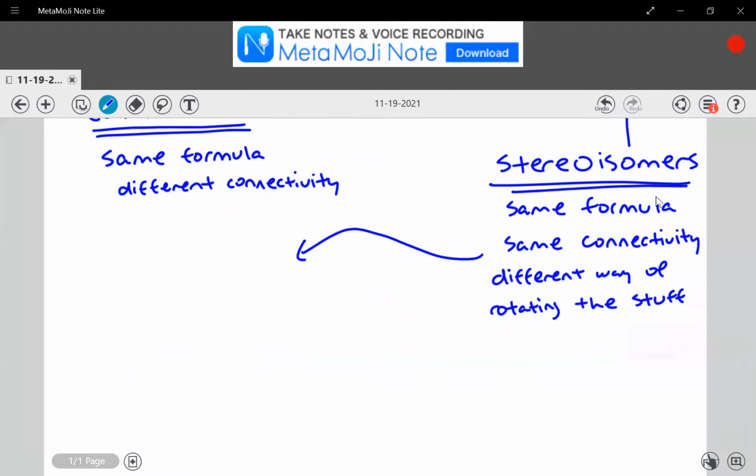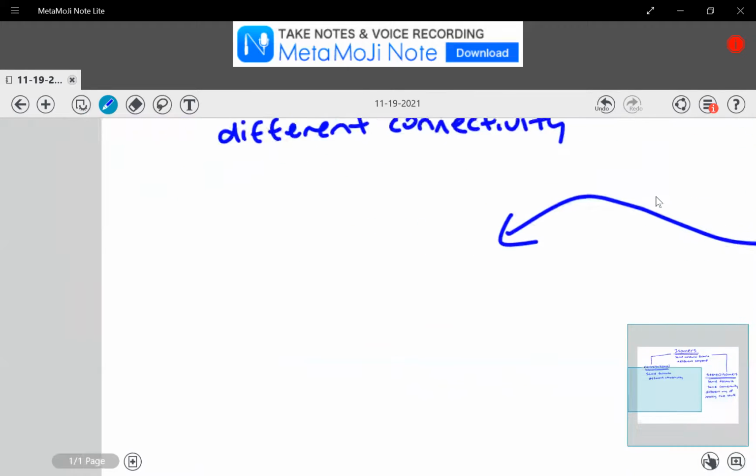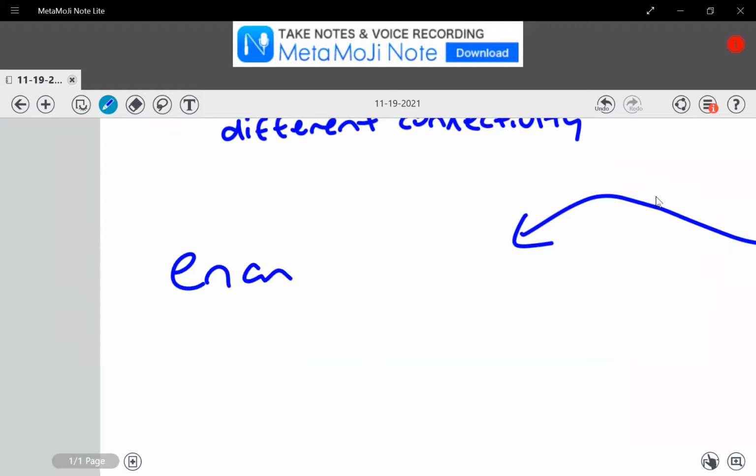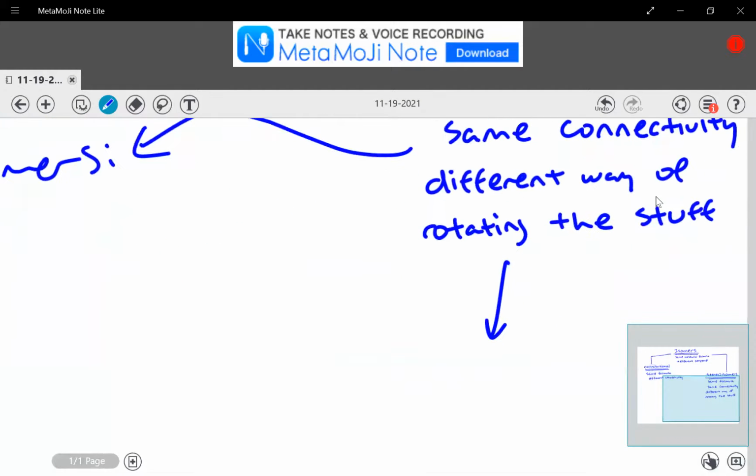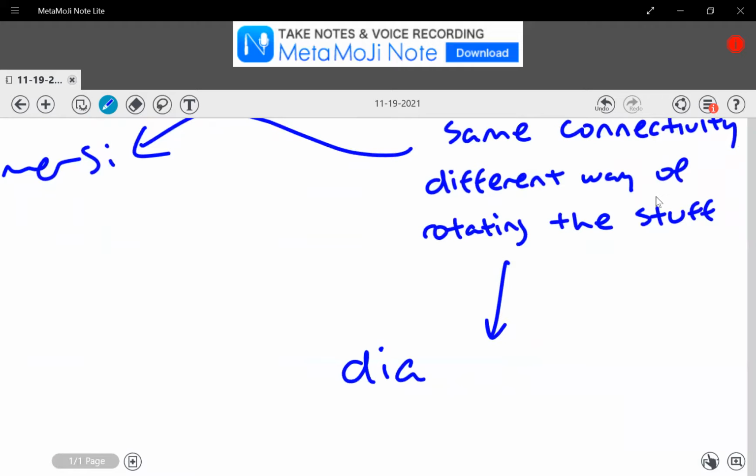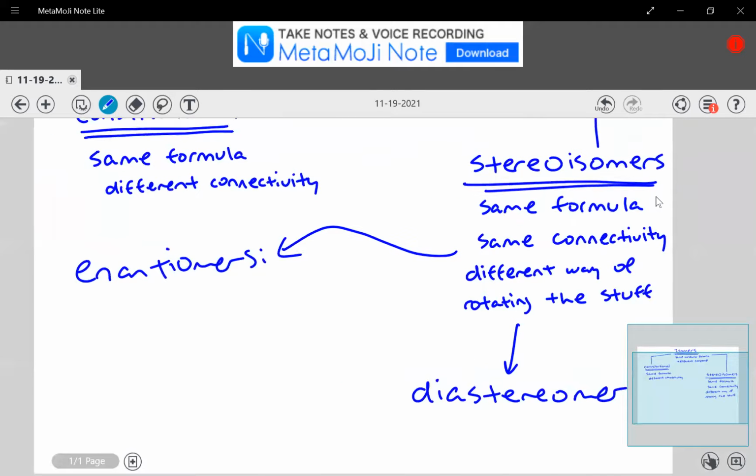Anyways, there are 2 different types of them. We have enantiomers. Then we have diastereoisomers. No, diastereomers.